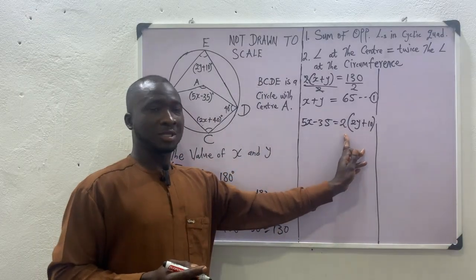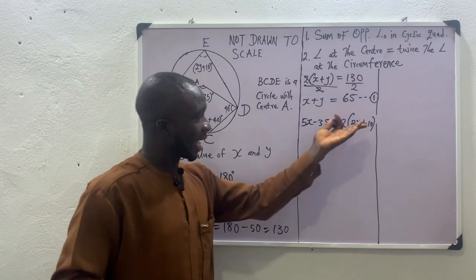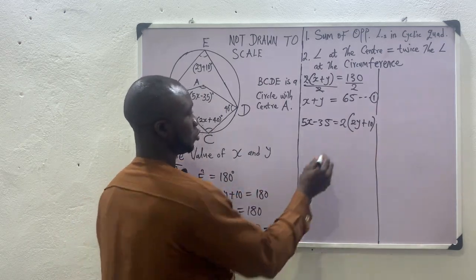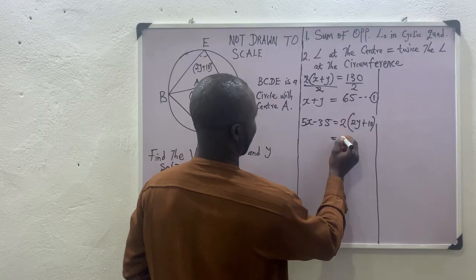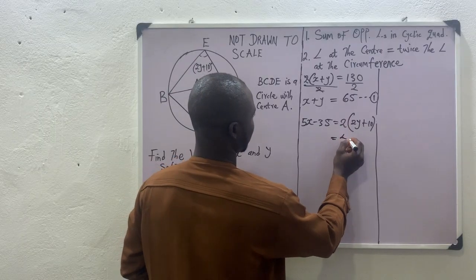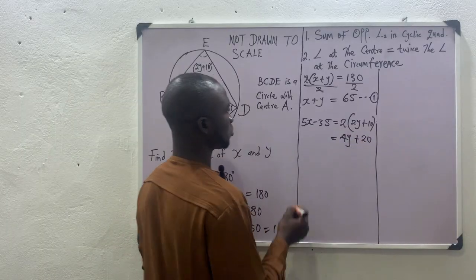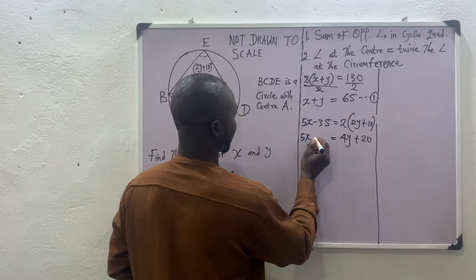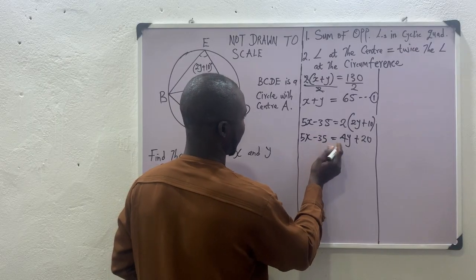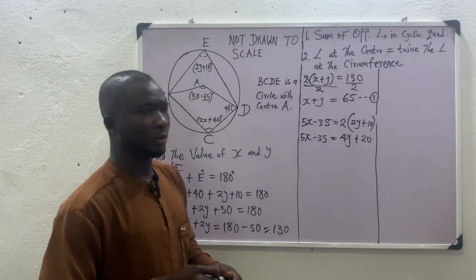If we open up this bracket by multiplying all the terms inside it with 2, we have that 2 times 2y will give us 4y, and then 2 times 10 will give us 20. So this means that 5x minus 35 is 4y plus 20.